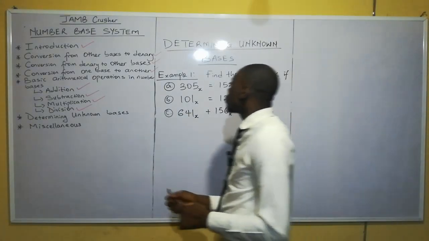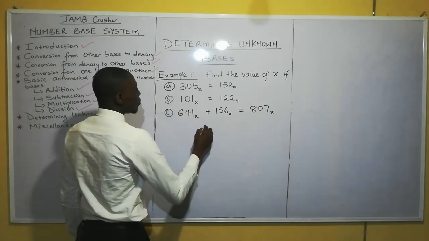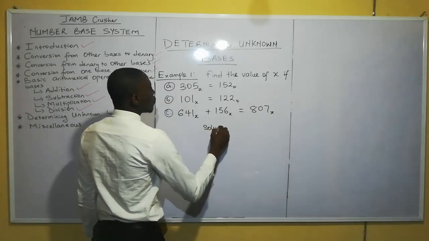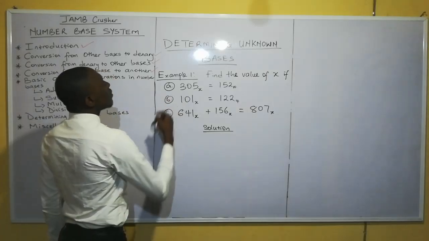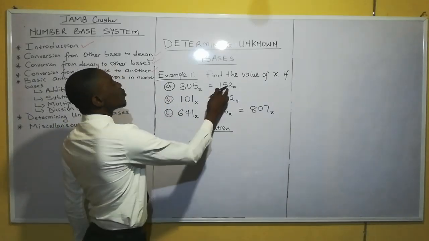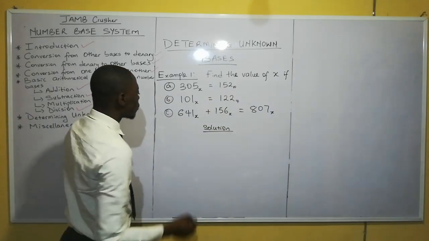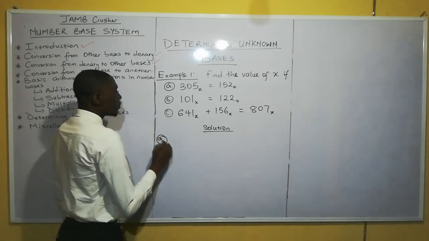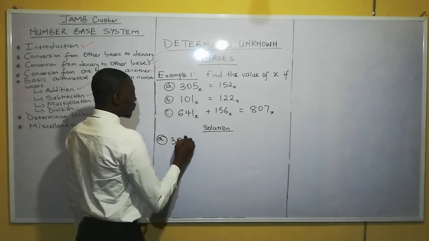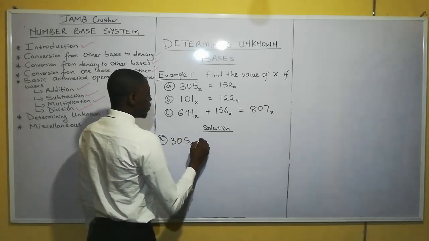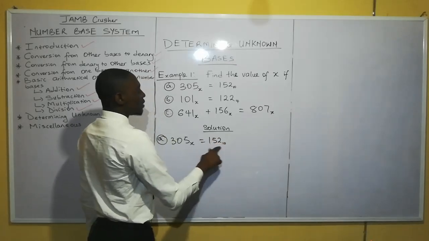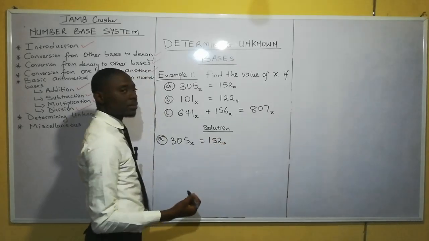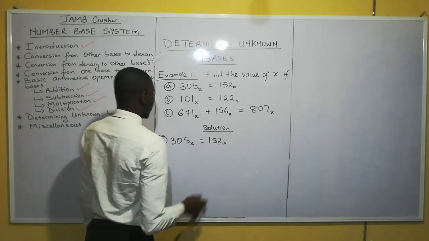Let me show you. For this one, we have been told to find the value of x if 305 base x is equal to 152 base 10. So I'm going to write this out: 305 base x is equal to 152 base 10. This is already in base 10, so there is no need for me to expand in the powers of the base.